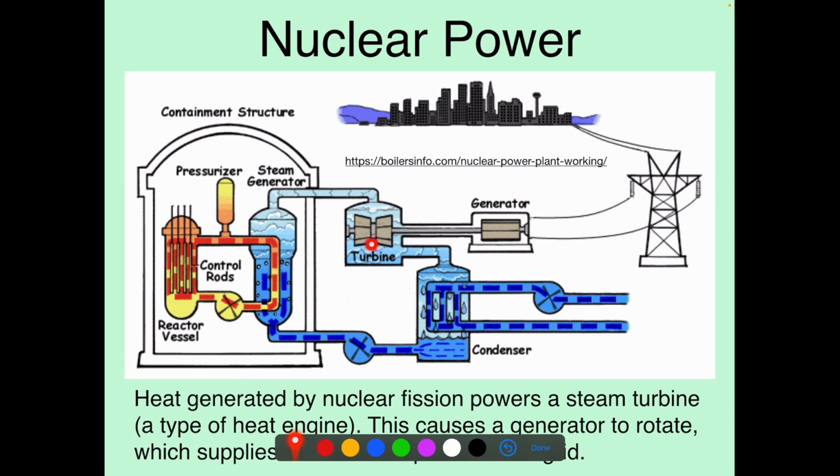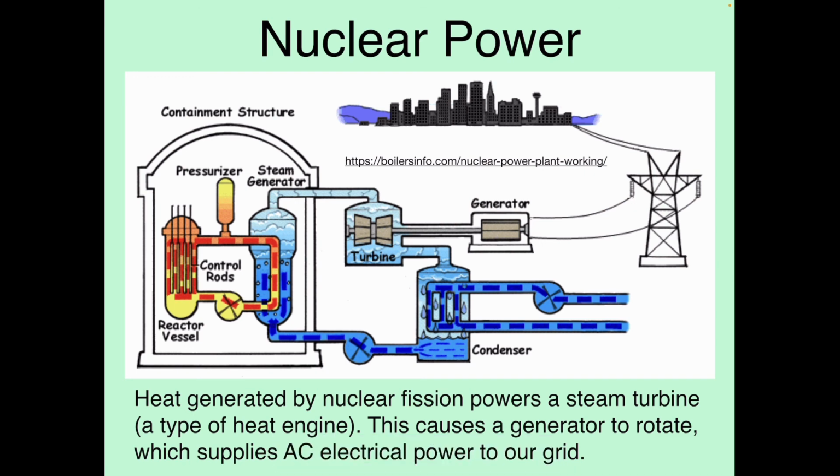So the steam generated by the heat is powering the turbine. It causes it to rotate, and that rotation is used to power a generator. So this is an AC generator. You may have seen one of these on a smaller scale if you've gone out camping to power, let's say, an RV. It works pretty much the same way on this large scale. The rotation generates AC power, and that is used to power our electrical grid.